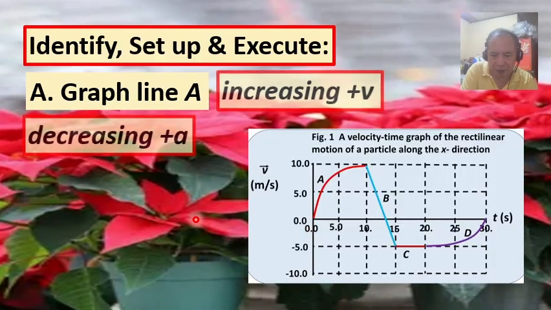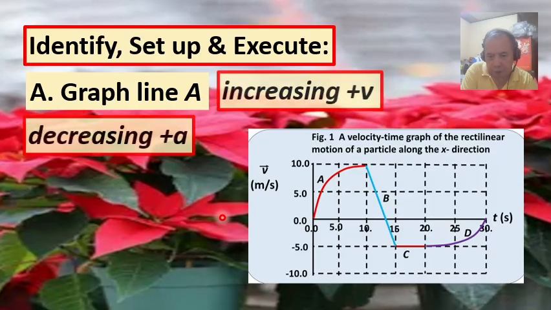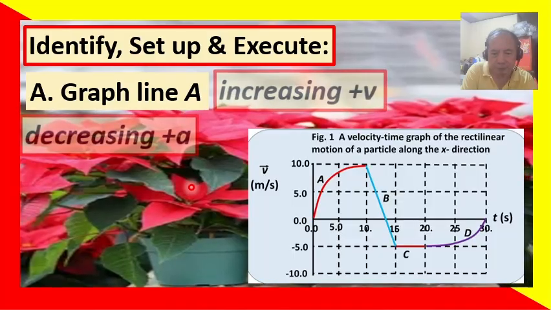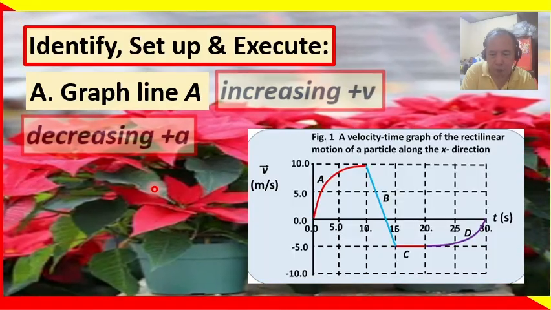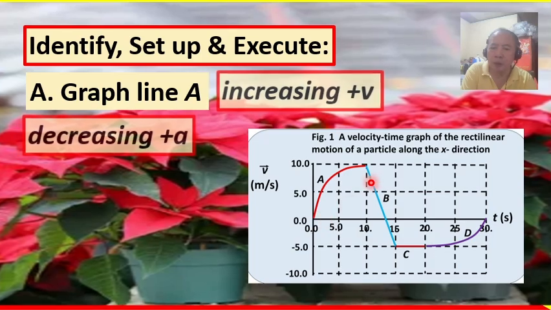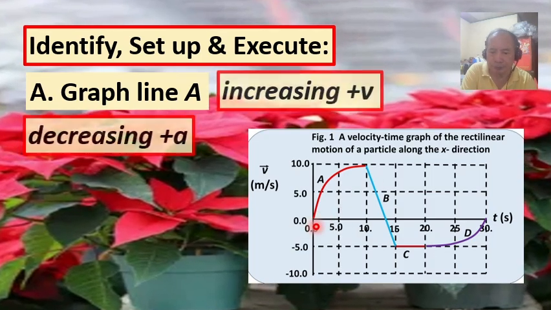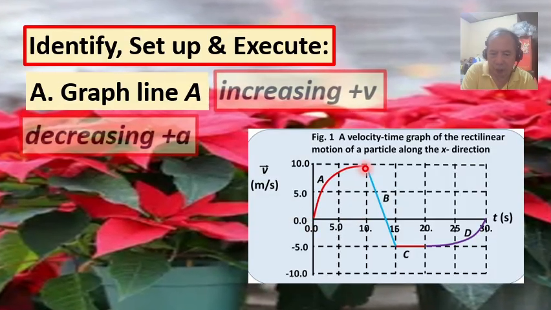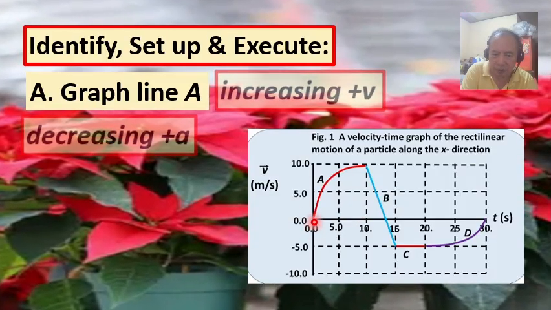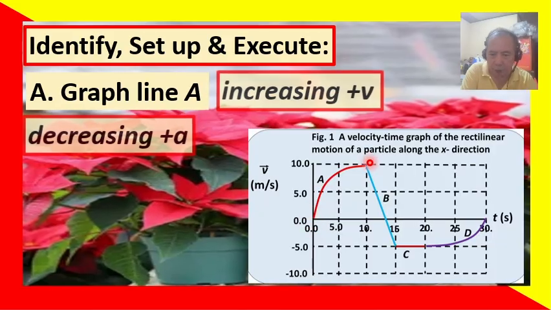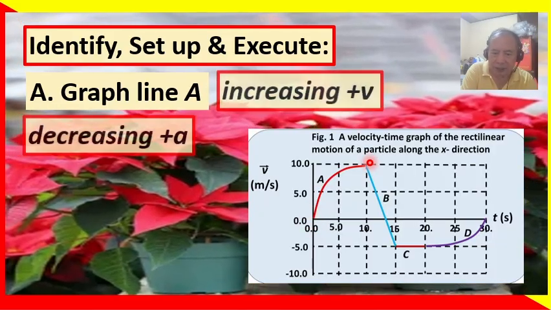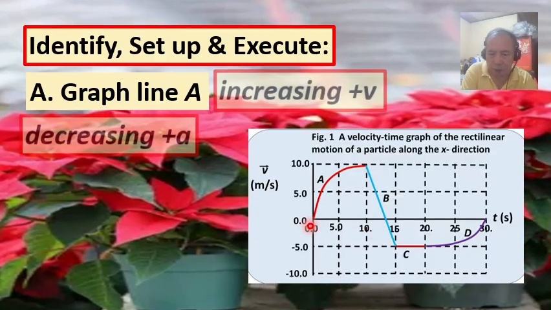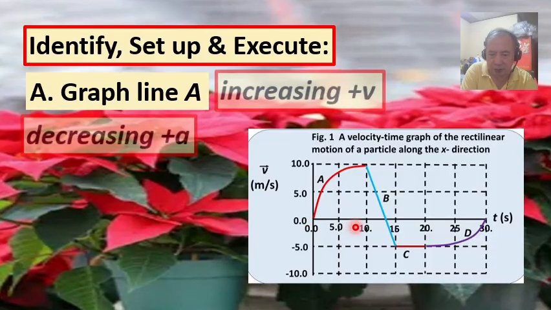We can check this by getting the slope of the graph, but we will choose the whole time interval from 0 to 10 seconds. In other words, we get the initial point where v is 0 and the final point where v is 10.0 meters per second. And then the corresponding time is from 0 second to 10 seconds.